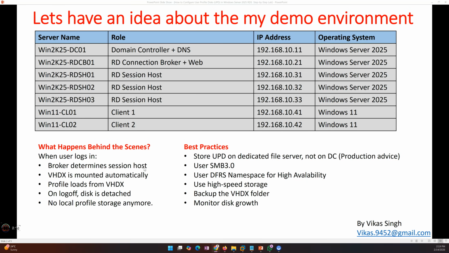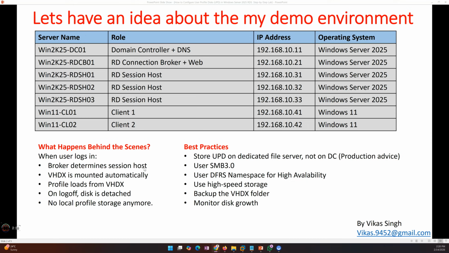So what are the best practices? If you are running a production environment, it is not recommended to use a domain controller, which I already mentioned. Store your user profile disk on a dedicated file server, not on a DC, and use the SMB3 protocol to access the shared folders from the session host servers and connection broker.